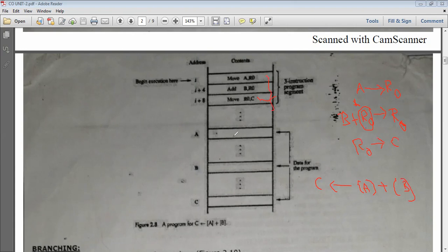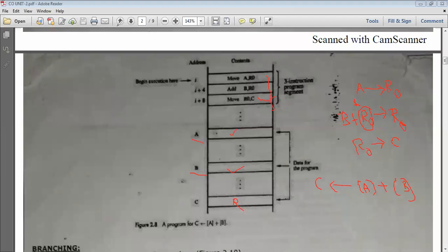From where are we getting the A value and B value? From here. The A value is taken from here, the B value is taken from here, already stored as the data required to execute the particular instruction. So take the A value and B value, do the addition operation, and the result will be stored in the C register. Okay, ma. So this is about the sequential flow.